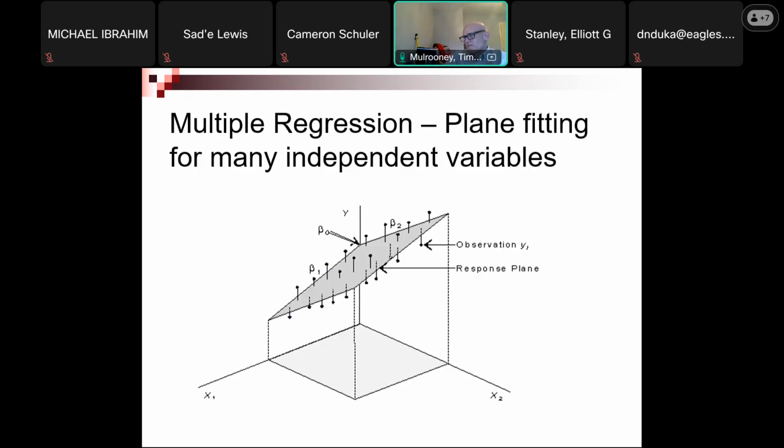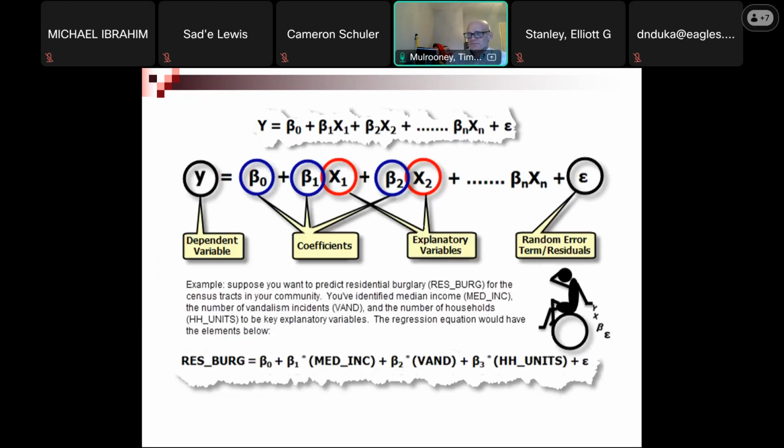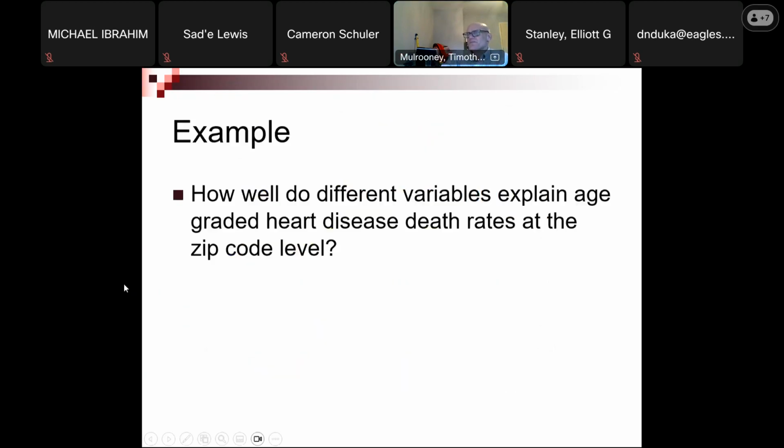Our Y value is based on multiple coefficients plus some random error. So if you want to predict residential burglary from income, vandalism, and households, we start to get into this, which gets really ugly really quick.